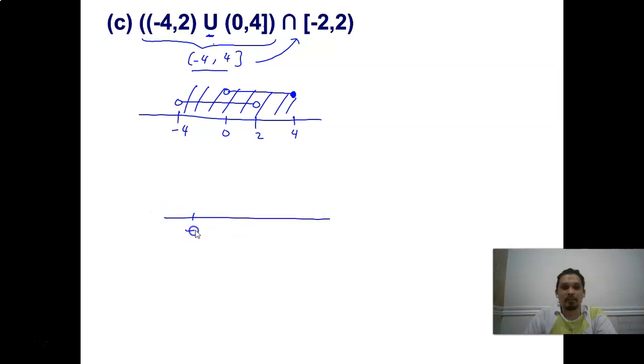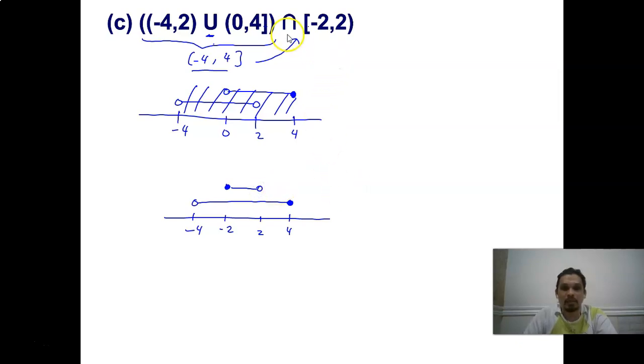So now let's take this and combine with this one here now. Okay, from negative 4 until 4. Open and close. From negative 4 until 4. And then from negative 2 until 2. Okay, close bracket and open bracket here.